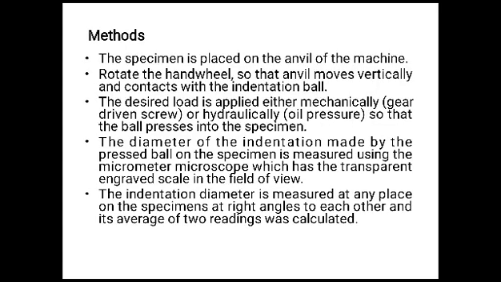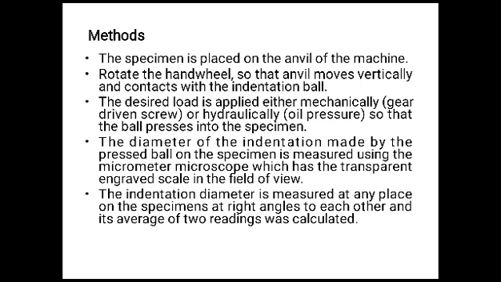The methodology followed is this: the specimen is placed on the anvil of the machine. Rotate the hand wheel so that the anvil moves vertically and contacts the indentation ball. The desired load is applied either mechanically or hydraulically so that the ball presses into the specimen.